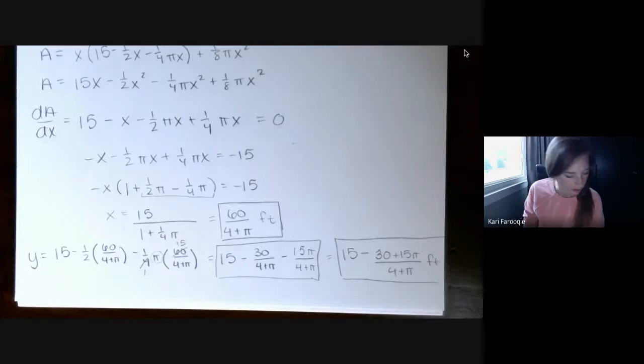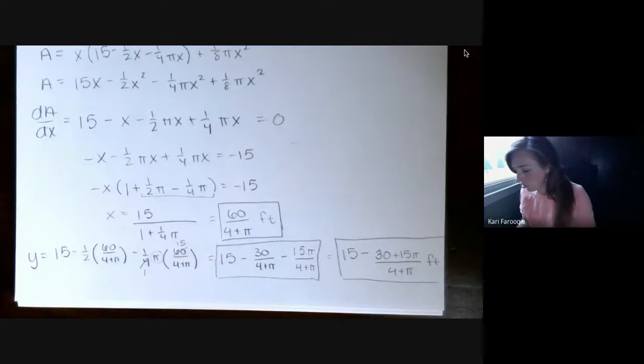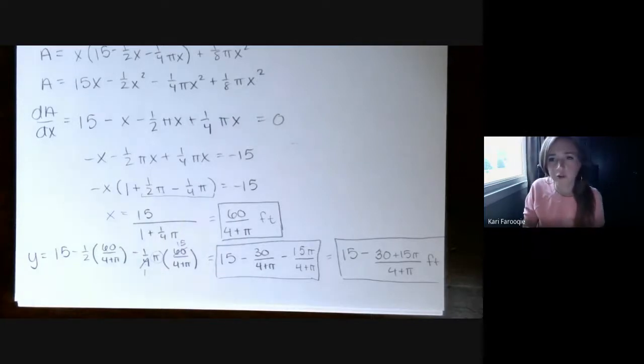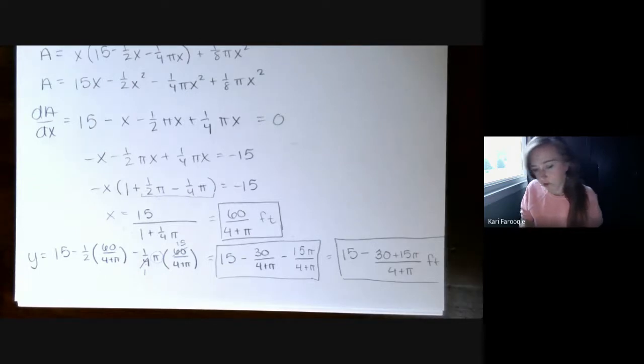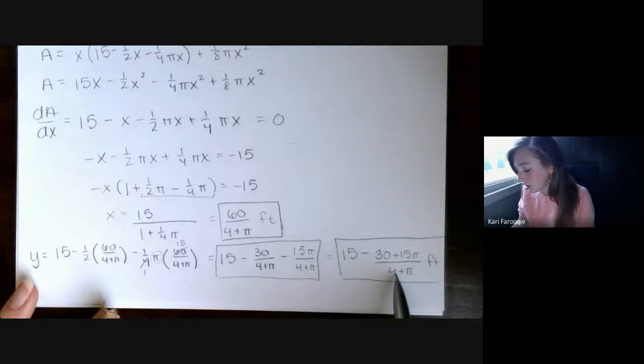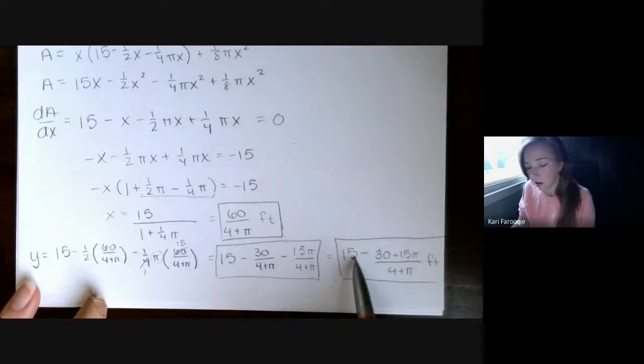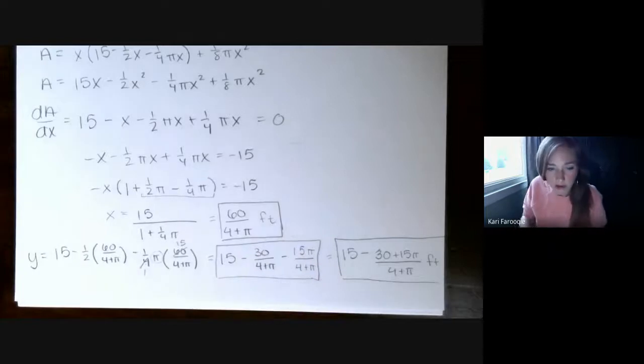Other questions? Did we answer the question? Find the dimensions. Yeah, so these would technically be the dimensions of the window. If you want the fully simplified version of y, it is on your key as 30 divided by 4 plus pi. But to get that, you would have to get the common denominator 4 plus pi in both terms, which is not a super hard thing to do.